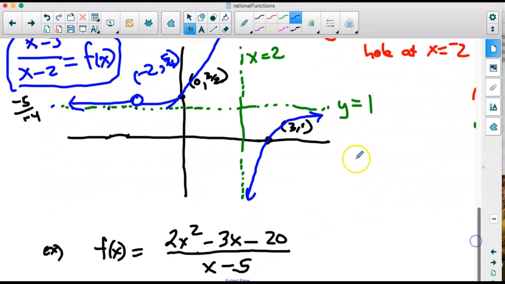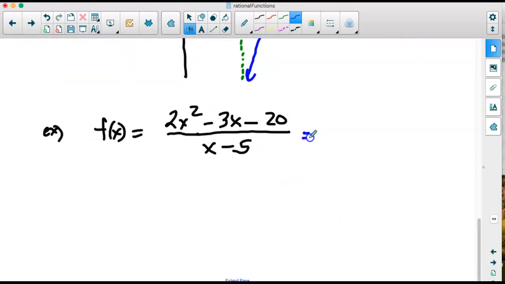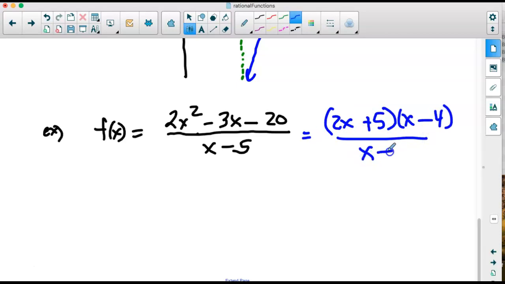Okay, so let's move on to the final one here. We're going to look at intercepts here. This one we did factor. Let's say we factored this one, 2x minus 5 and x minus 4, and this was negative 8. Okay, so this was our factored form.